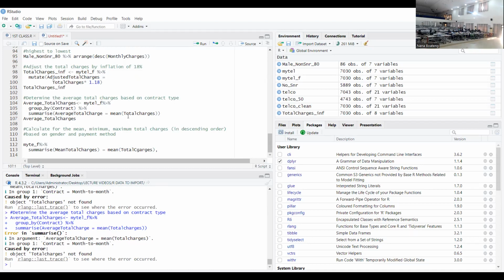Total charges not found. When you run line 98, were you able to run it? Total charges, capital C. Please be careful with the way you spell stuff, because I told you R is very easy. Line 106.